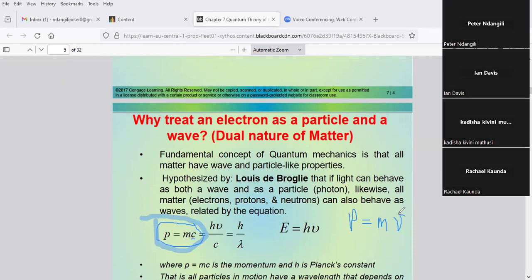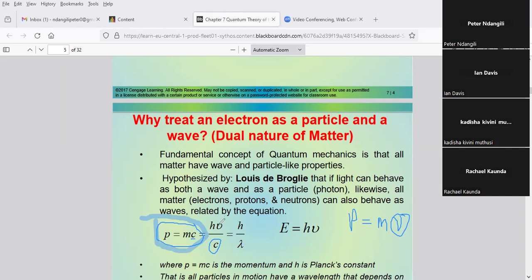And remember, for this velocity we were able to give the relationship between frequency, wavelength, and the speed of light. And that is where we are getting this kind of equation from: h nu over c. C here is the speed of light, which is 3.0 times 10 to the power 8 meters per second. In the quiz that we gave you, it was 2.998 times 10 to the power 8 meters per second. You only use the value that we give you.